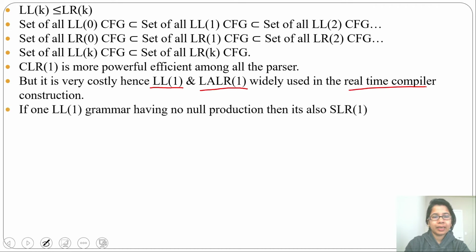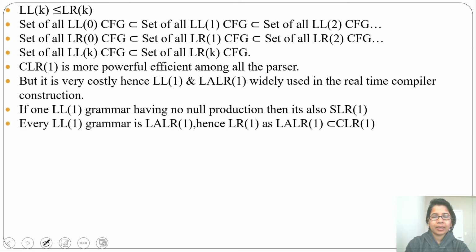If one LL1 grammar has no null production, then it's also SLR1. Just remember this, it is important. It will save your time in the exam. If one grammar is LL1 and there is no epsilon production, then that is also SLR1. And every LL1 grammar is LALR1, hence LR1, as LALR1 is a subset of CLR1.